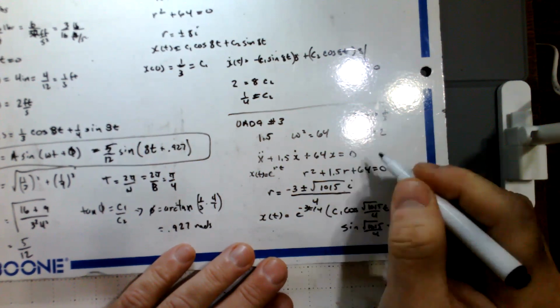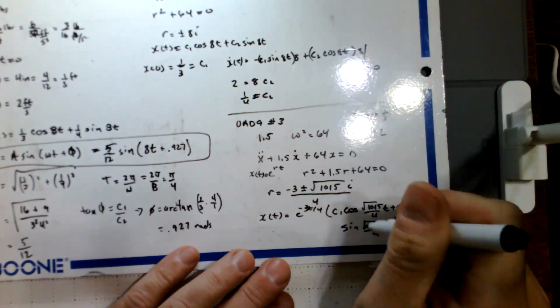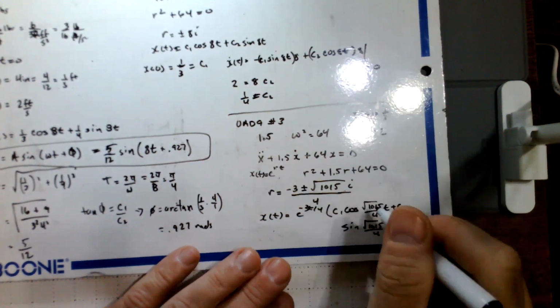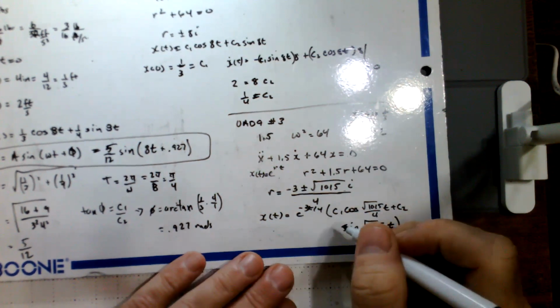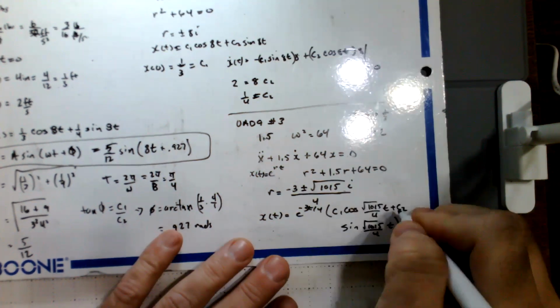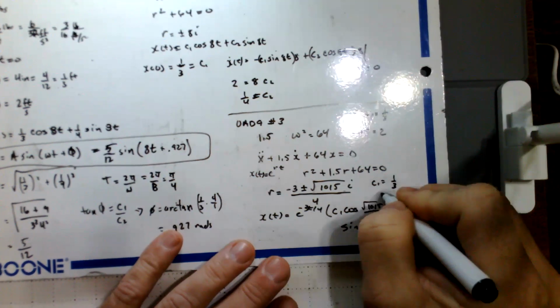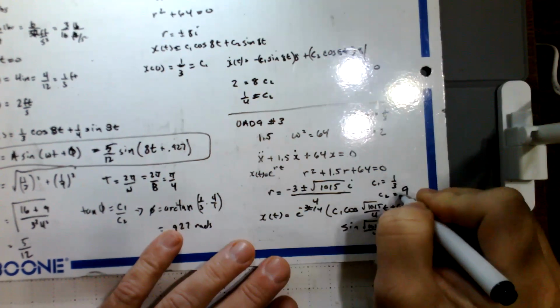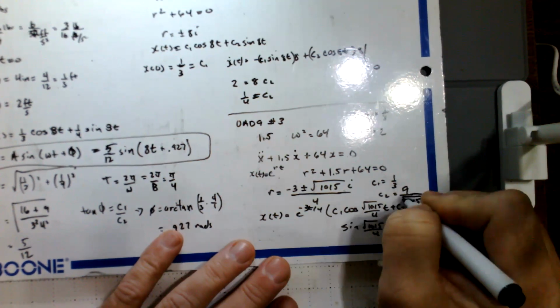Taking the derivative and plugging in what you know for C1, and simplifying, you get C2. So C1 is 1/3 and C2 is 9 over the square root of 1015.